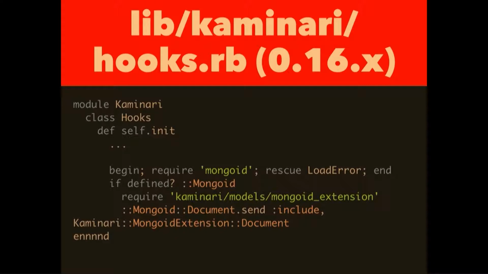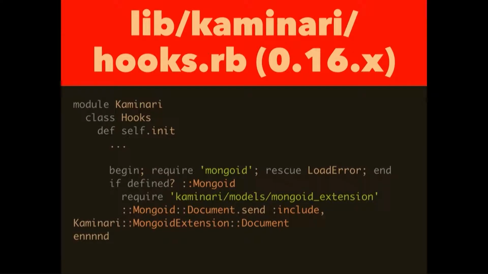Here's an example of how Kaminari loads the Mongoid adapter. It first tries to require Mongoid, and if Mongoid was found, then it loads the Mongoid extension, right?